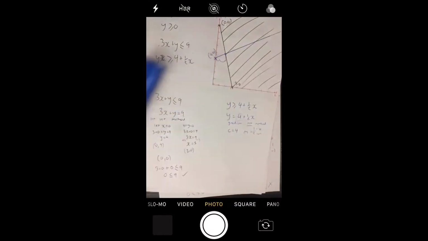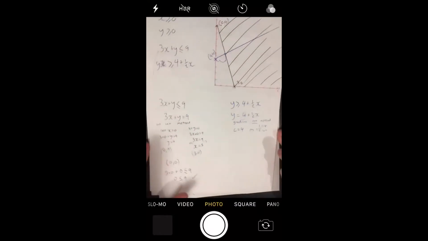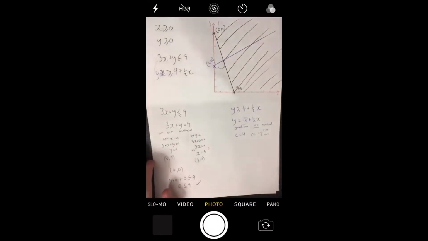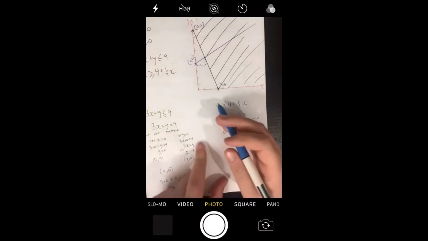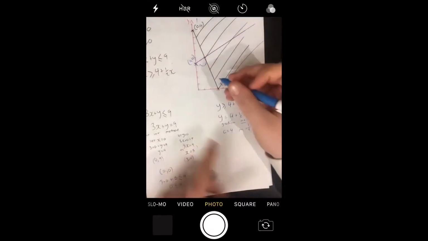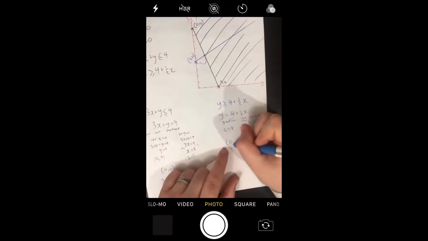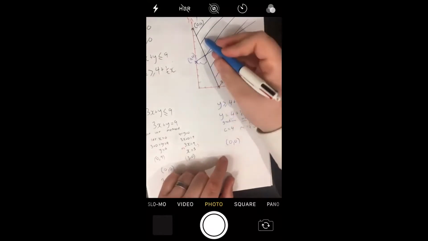Now the last little bit we have to do for this, how do we get the last little bit? We need to pick a point. We're going to choose 0, 0 because why not? Is 0, 0 in the light side or the dark side?